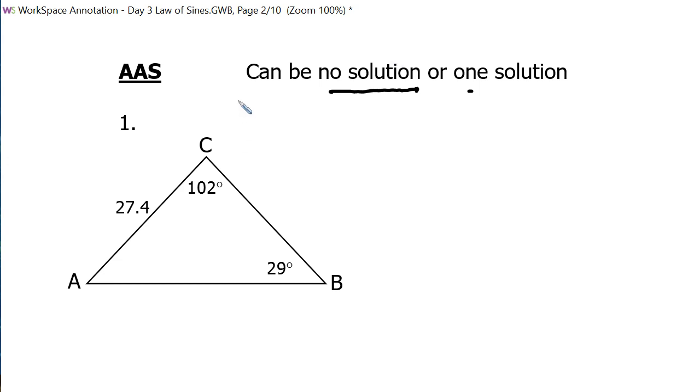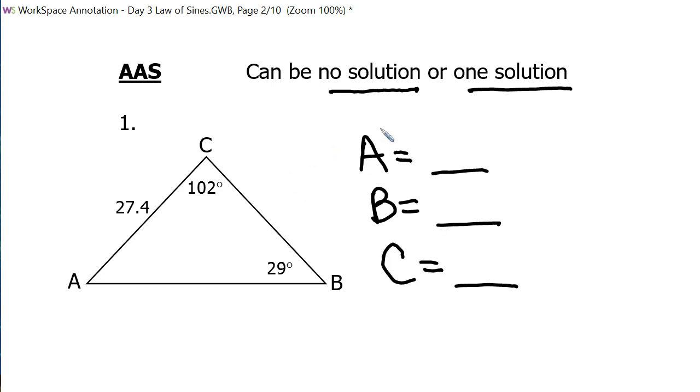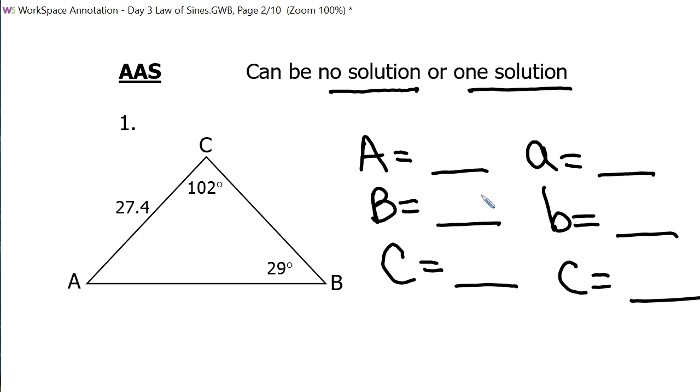Now for one solution, that means we'll have a value for angle A, a value for angle B, a value for angle C, a value for side A, a value for side B, and a value for side C. So we are going to be solving these triangles just like what we did yesterday when we were solving the right triangles.